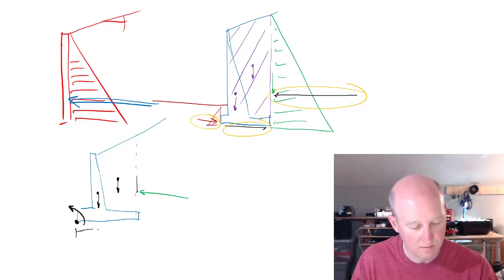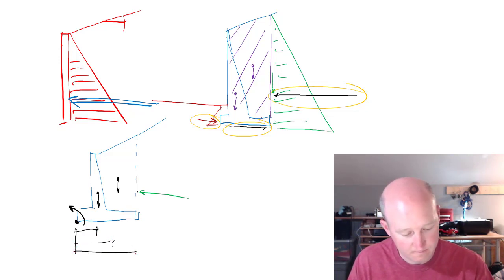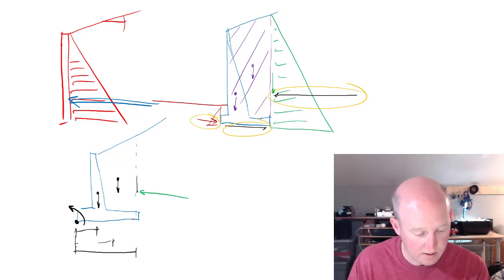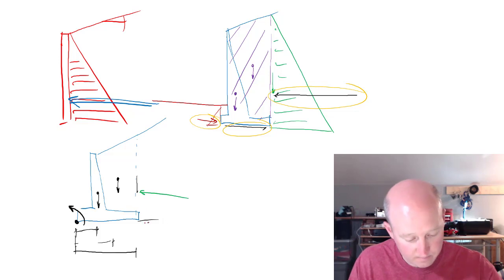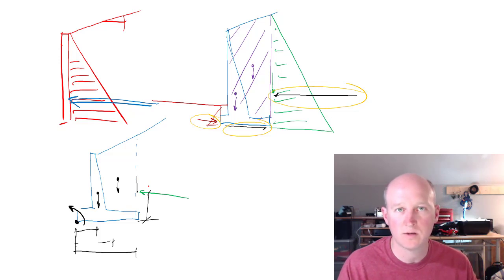So we would have moment arms for each of these vertical forces, and we would also have a moment arm for the horizontal forces. And so we would sum those moments, we would come up with a factor of safety in overturning, the resisting over the driving.